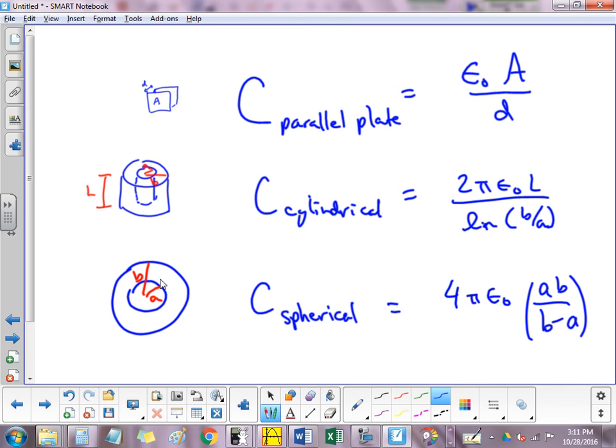Okay, so they all have an epsilon naught. One last comment. I've said this before, but I'm going to say it again. The capacitance does depend on geometric things, but there's this other little epsilon naught that just keeps popping up in every one of these. And so if we could somehow increase epsilon naught, we could store more charge on our capacitor plates per volt applied. See that?